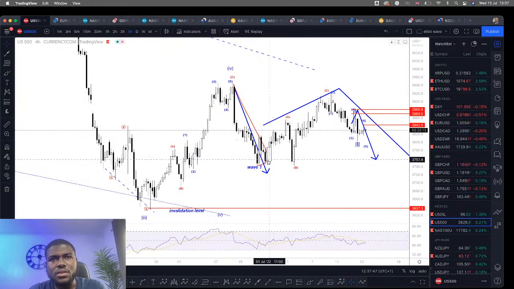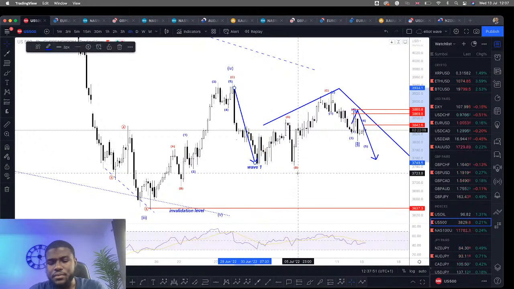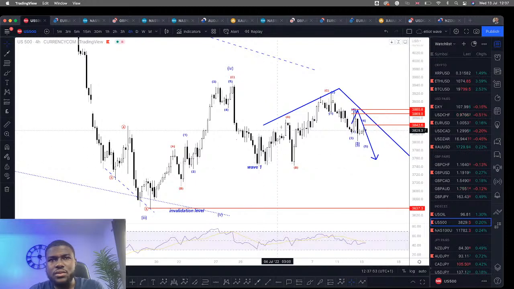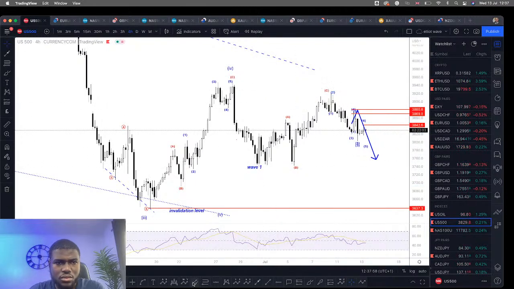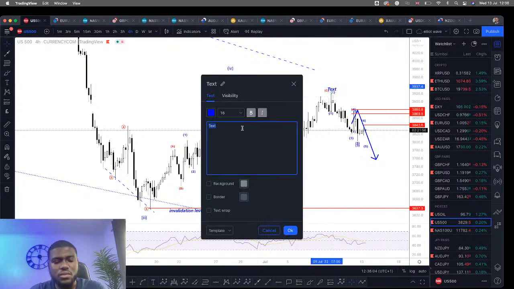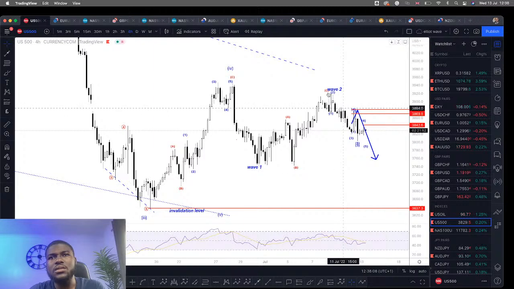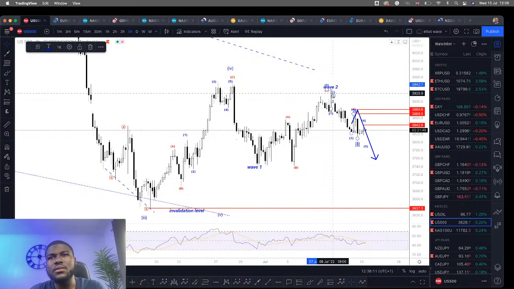Yeah, perfectly same. That is wave 1. Then the whole of this correction is an ABC, which serves as a wave 2. So I'll write my wave 2, label it here. Fantastic. Wave 2 ended somewhere there.